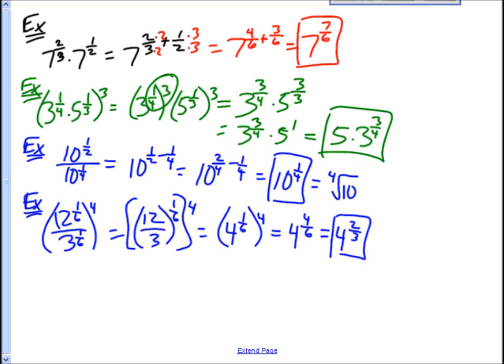Okay, so that's using properties of rational exponents. Now let's do some with some radical notation here. Okay, so like the fifth root of 16 times the fifth root of 2. Well, they both have fifth root, so I can go ahead and put them underneath the same radical there, right?